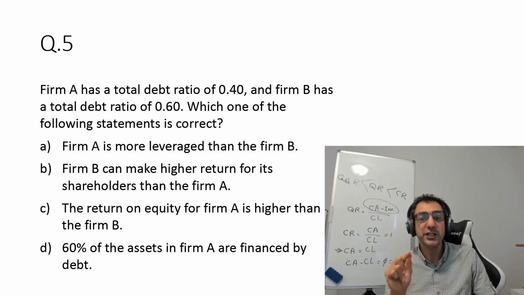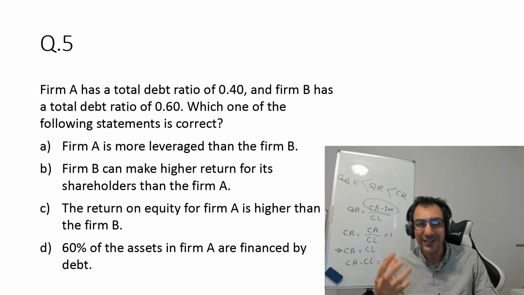And one of the major ratios was the leverage ratio. And I mentioned the leverage ratio impacts the ROE, or return on equity, of the company in a positive way, as long as you are making a positive return.